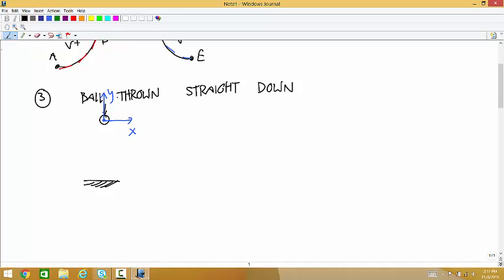So the x position versus time, I'll write it as p_x versus time, is just a horizontal line.